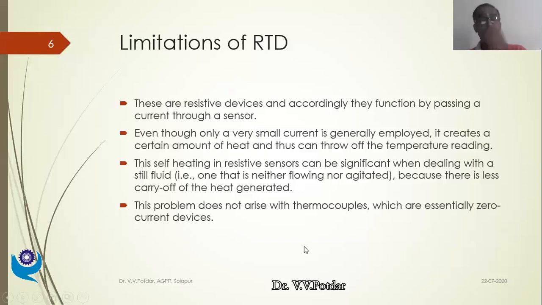Though we have seen many advantages of resistance temperature detectors, obviously there are a few limitations as well. As these are resistive devices, they function by passing a current through a resistor. Even though only a very small current is generally employed, it creates a certain amount of heat, and thus can throw off the temperature reading. As we discussed in strain gauges, similar is the case.